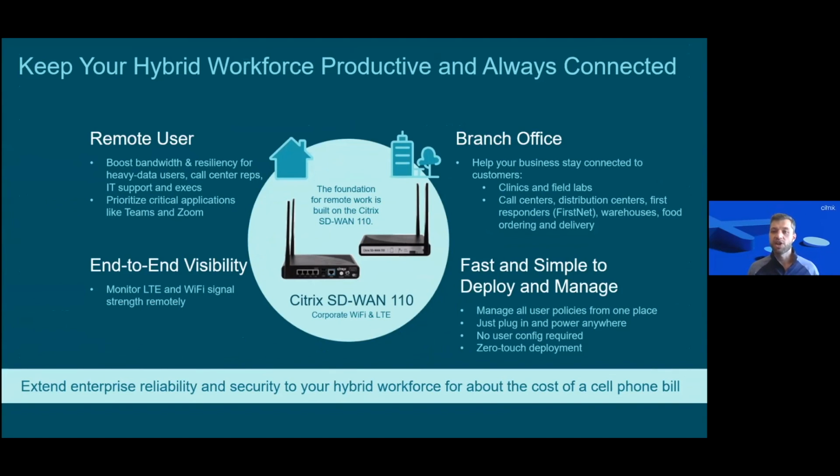As an example of this is our 110 appliance that's competitively priced to cater for home users, small branch offices, those call center agents, but through a license upgrade can even cater for larger branches up to 200 megabits per second. And it's available in an LTE and Wi-Fi capability to increase your flexibility of where you want to use these appliances from.